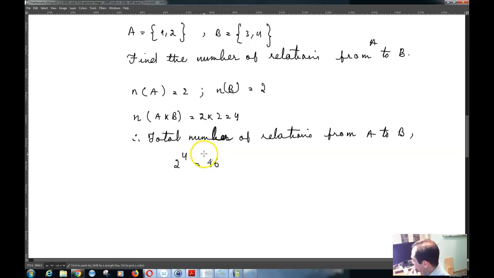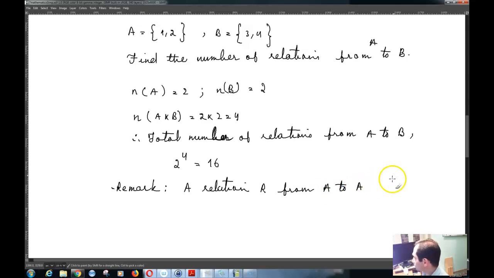So a relation R from A to A is also stated as a relation on A. This is also important as a remark.